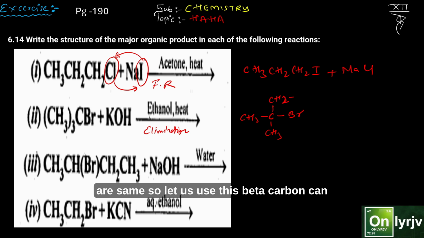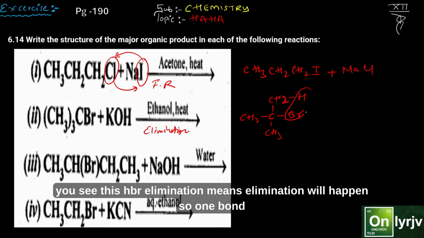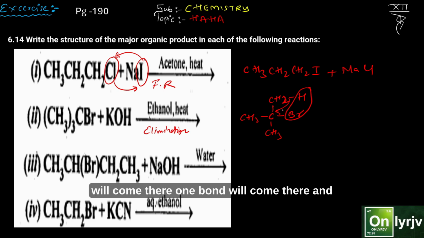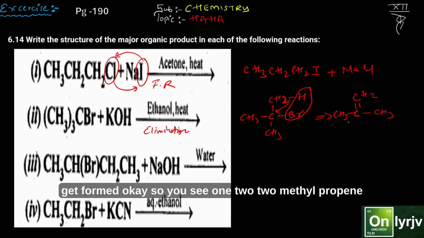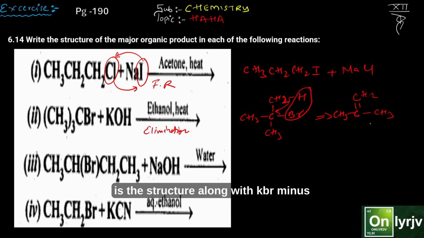So let us use this beta carbon. HBr is eliminated, one bond comes there, and you get the product CH3C(=CH2)CH3, 2-methylpropene, along with KBr and H2O.